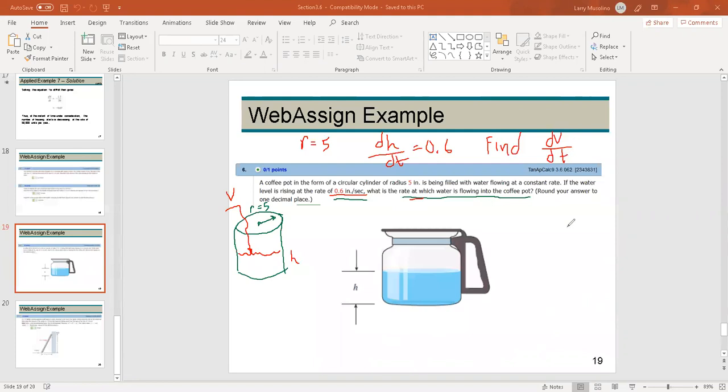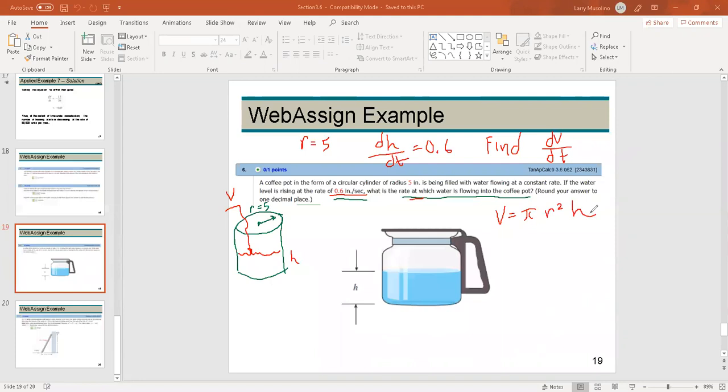All right, well, let me go back to that slide with the formulas from geometry. This is a cylinder, and we're talking here about the volume of a cylinder. If you go back to that slide, the formula for the volume of a cylinder is V equals pi r squared h. Now, the guidelines say take the derivative of both sides of this equation with respect to time.